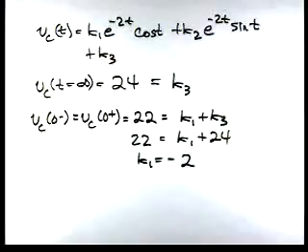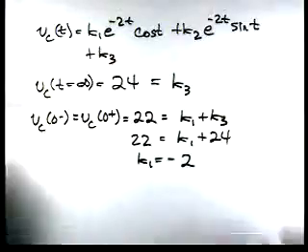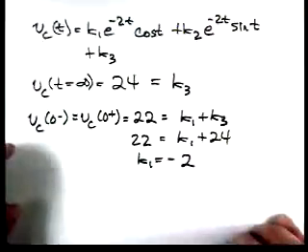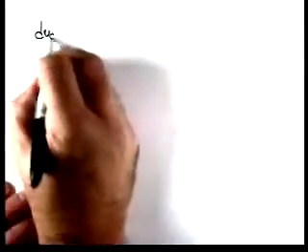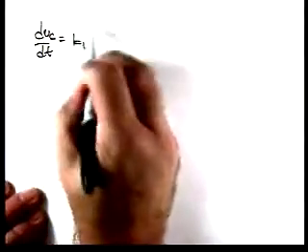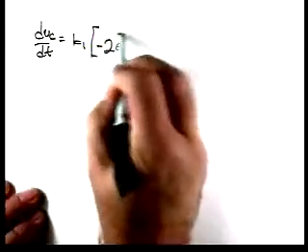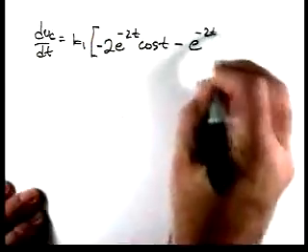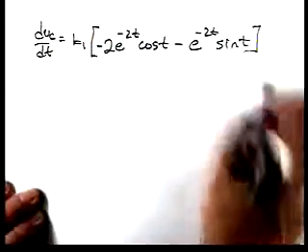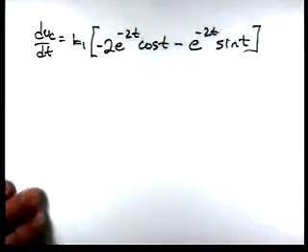Now, we've still got one other term. We need to take the derivative of VC of t. So dVC/dt then is K1 times minus 2 e to the minus 2t cosine t minus e to the minus 2t sine t. Again, we're having to use the chain rule here. Or really not chain rule, really it's the derivative of that function, e to the minus 2t cosine t.